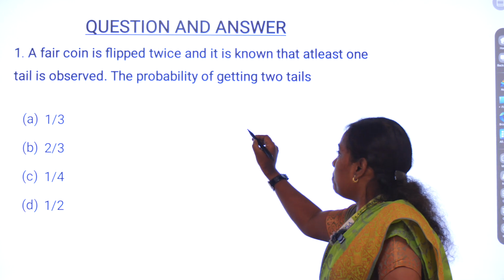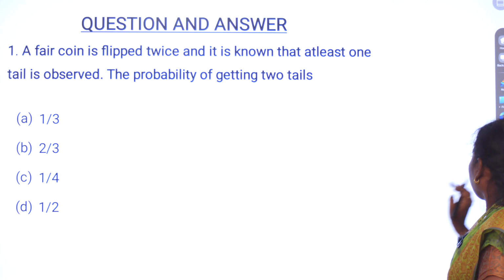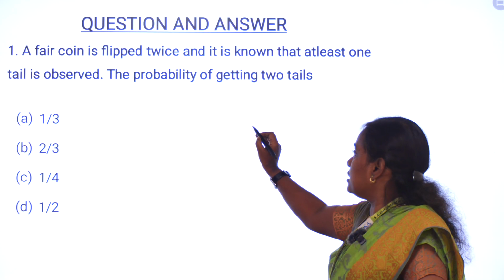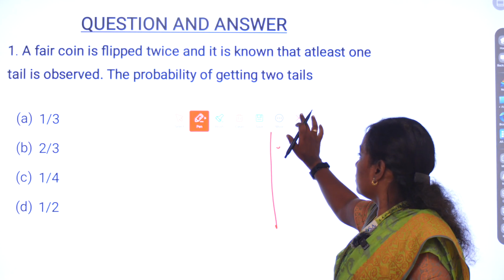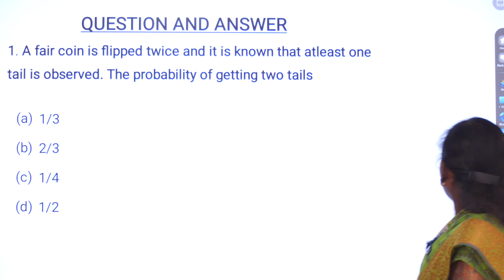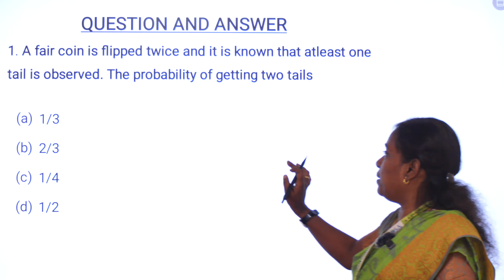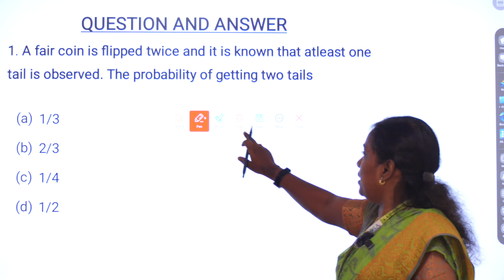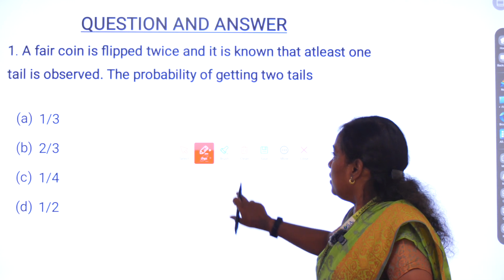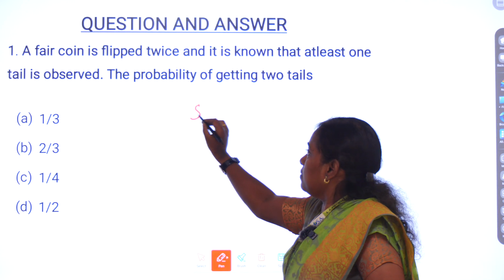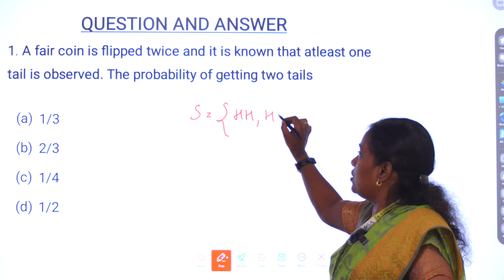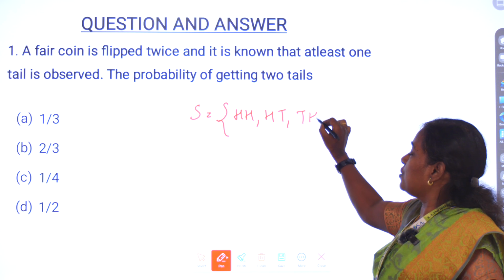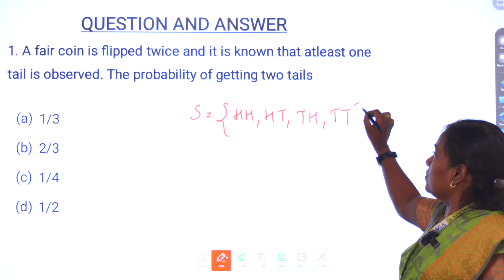Then your sample space will be HH, HT, TH and TT.